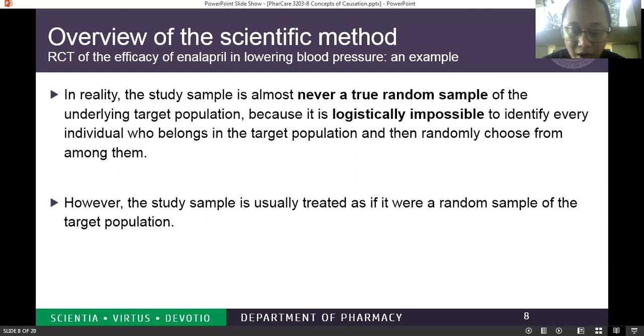For example, if I want to do simple random sampling using the population of students at the Department of Pharmacy at USC, I need to have all of their phone numbers as well as their student numbers.